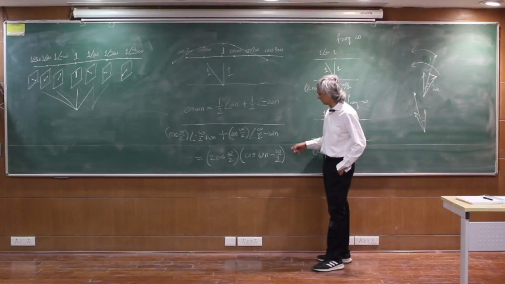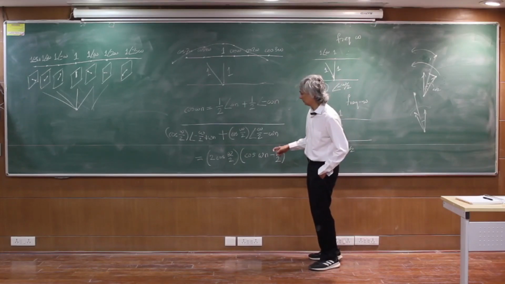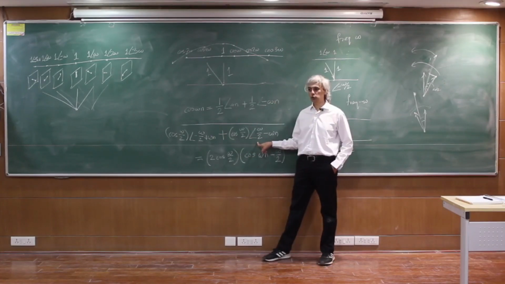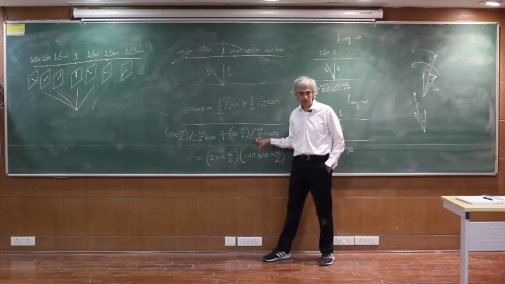Okay, how does this lead to this? First of all, do you agree that these two are two spirals rotating at opposite frequencies? Second, do you agree that they have the same amplitudes? Third, do you agree that they have the opposite phase angles?